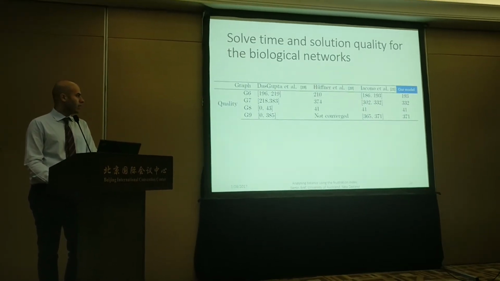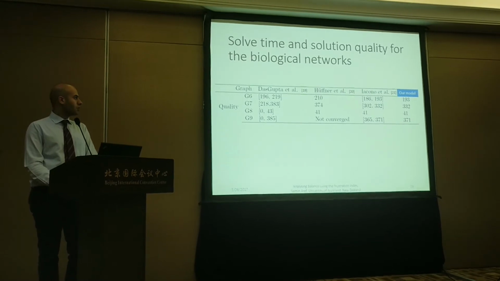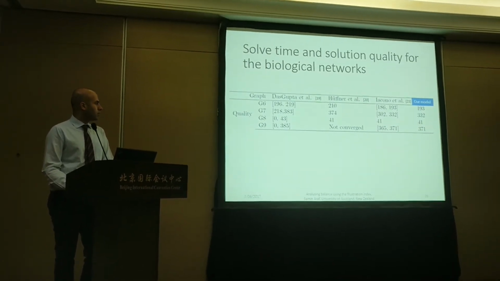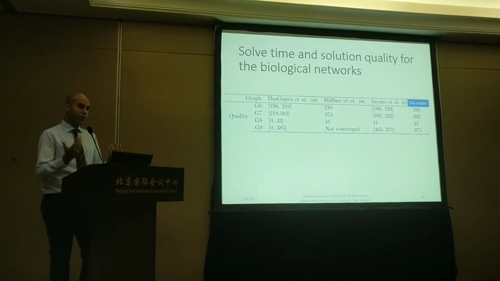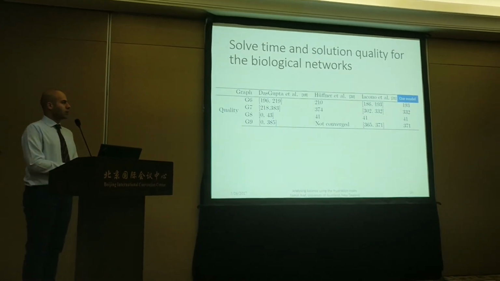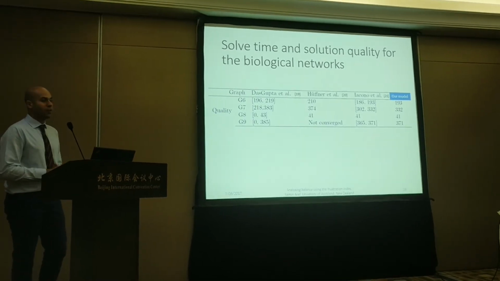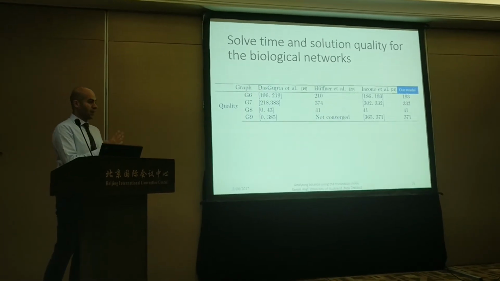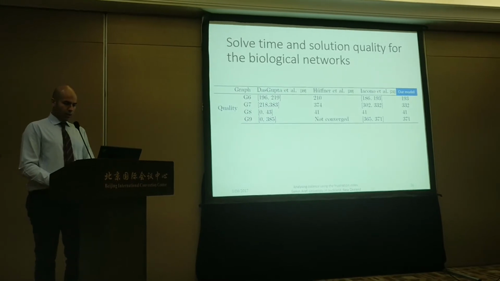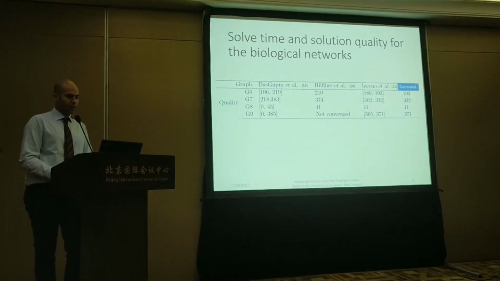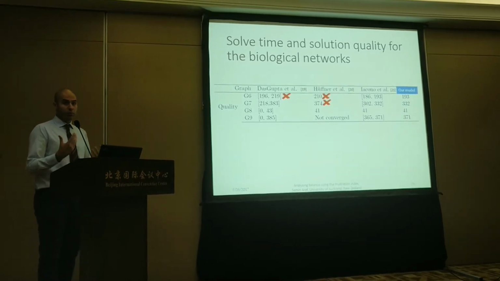Here is an evaluation of our model in terms of solution quality and solve time. As there were no exact methods in the literature, we compared our work to approximation algorithms, data reduction schemes, and heuristic algorithms. We can see that the solutions provided by these methods are suboptimal.